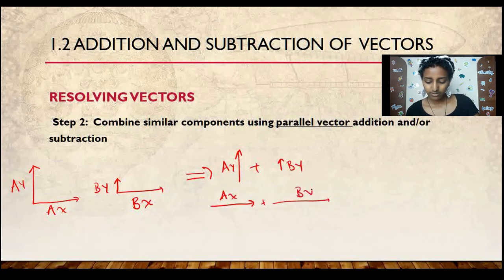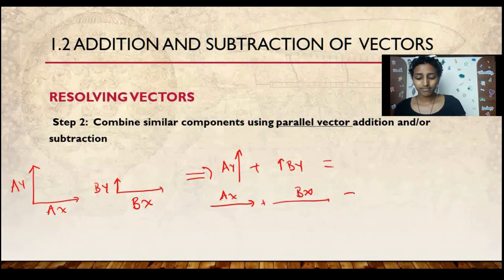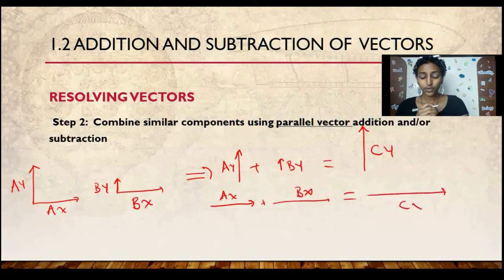These two are parallel vectors. AY and BY are parallel, and AX and BX are parallel. So we can simply add them. Let's say the combination of AY and BY is a larger vector, CY. And the combination of AX and BX is a larger vector, CX. So we know how to find the resultant of parallel vectors, which are AY and BY and AX and BX.